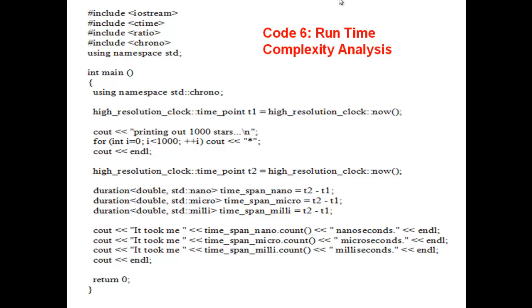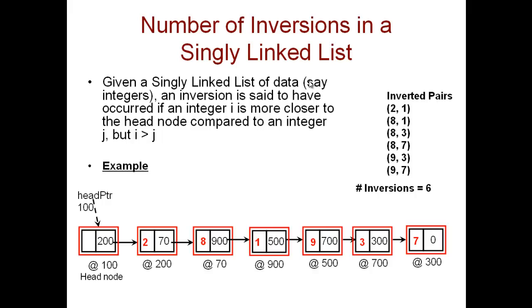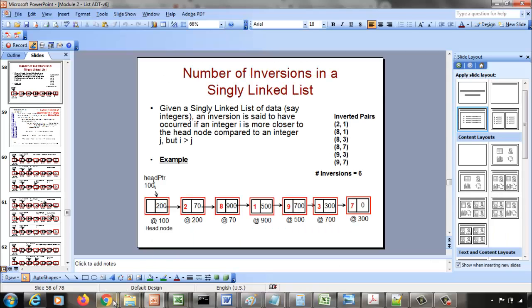So this is code 6 under module 2, so it might be 2.6 in Canvas. But the numbers will correspond to the problem. So download all this code and practice these things.